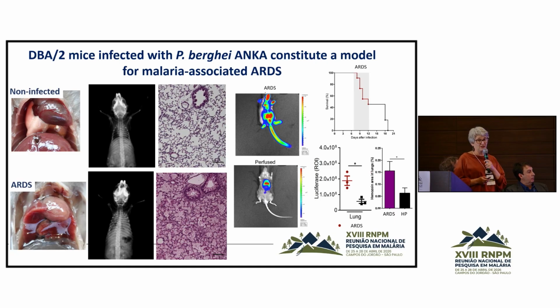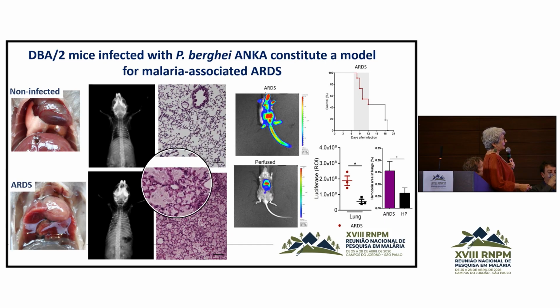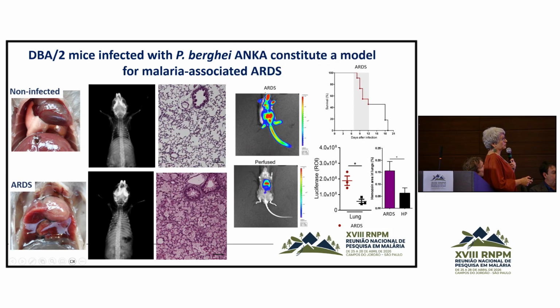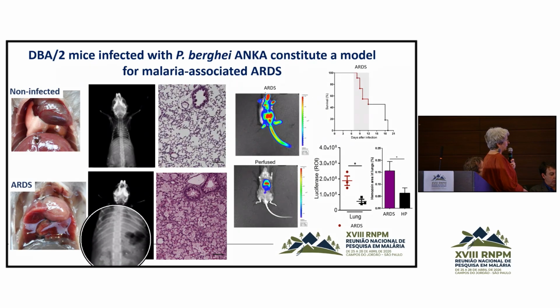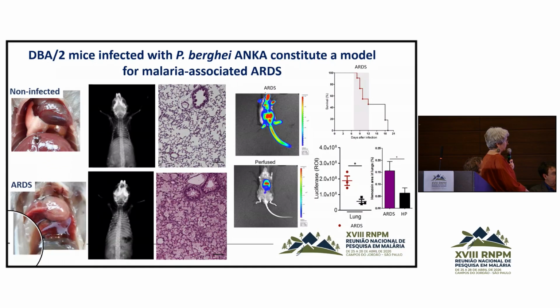To start, I'd like to talk a little bit about the model that we've been working with in the last 16 years. It's an ARDS model, acute respiratory distress syndrome associated with malaria.